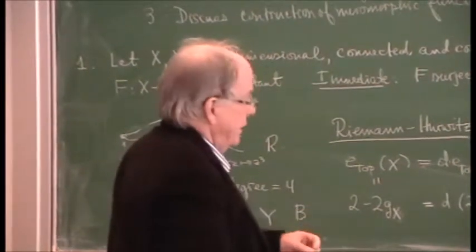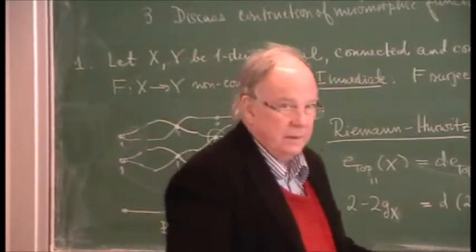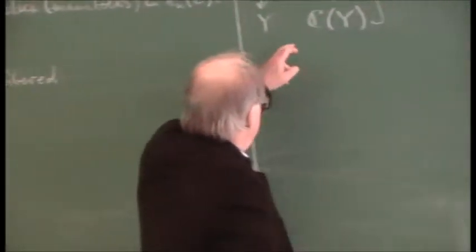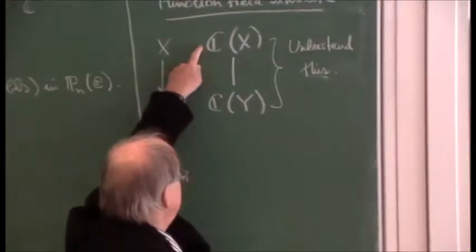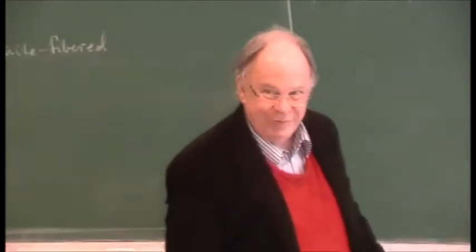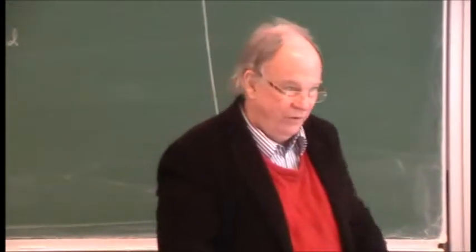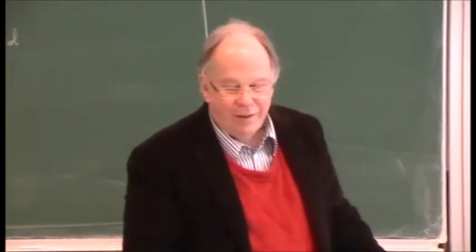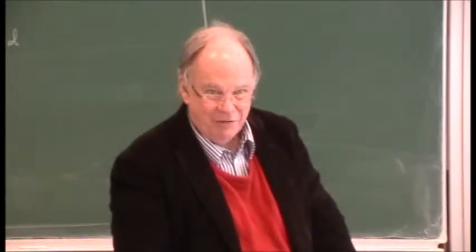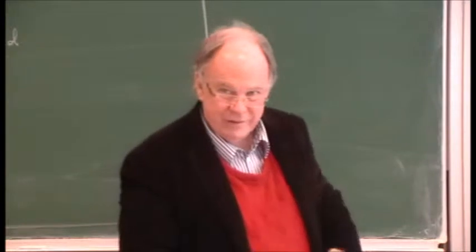Understanding this means understanding the functions in C(X) which are not in C(Y). I'm not claiming I can understand C(Y), but at least I can understand the extension from C(Y) to C(X).